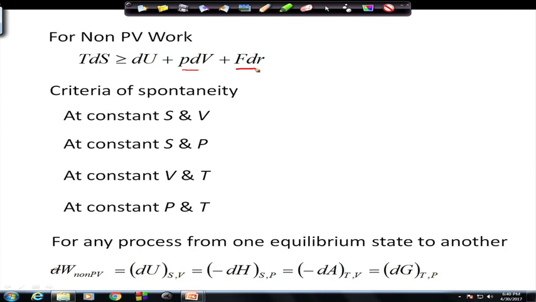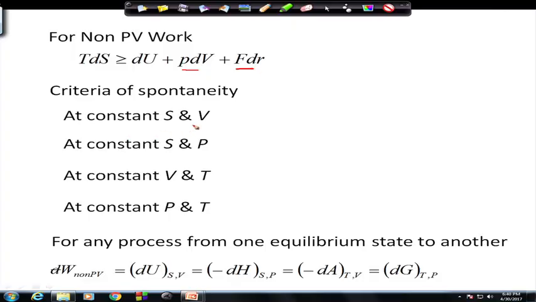Under this condition, do the same criteria of spontaneity hold? For constant S and V, what was the criteria of spontaneity? The criteria of spontaneity was dU less than or equal to 0. Do you expect the same criteria to hold in this case?